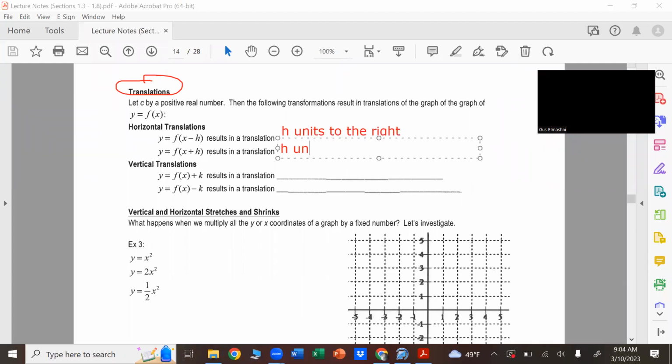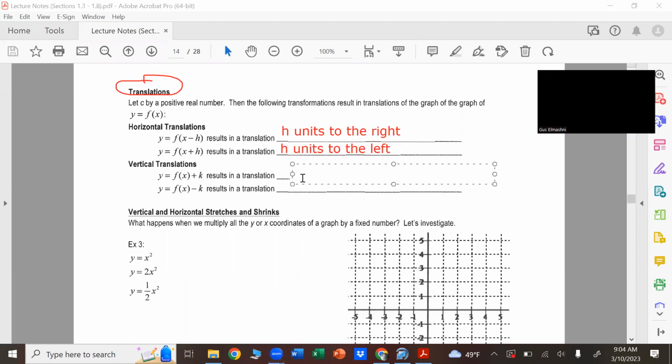This would be H units to the left. This would be K units up. And this would be K units down. That's it.